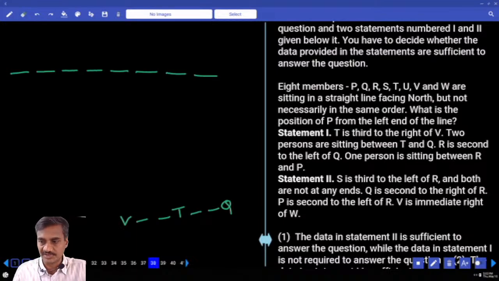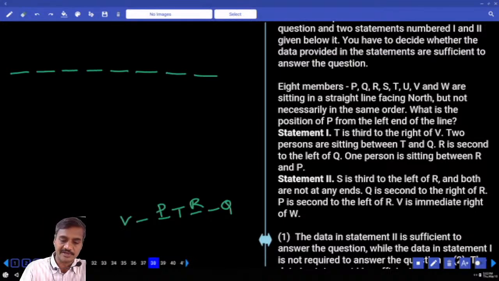And 2 persons between P and Q, R is seated second to the left of Q, R is here. Then 1 person between R and P. Done with this one. Now how many persons are there? 4, 5, only 6 persons were there. As only 6 persons were there, P can be at the third place or at the fourth place. And there are 2 different possibilities, 1 alone is not sufficient.